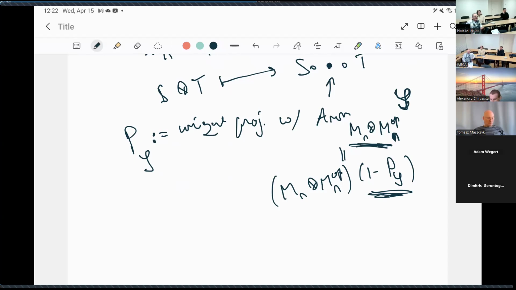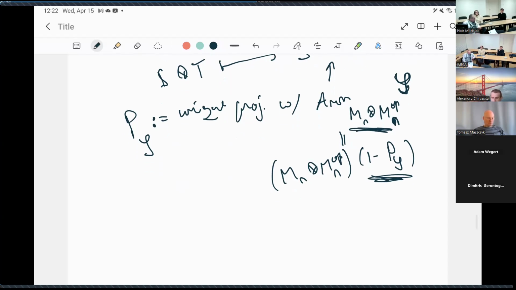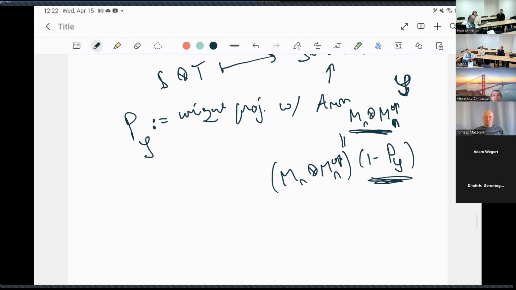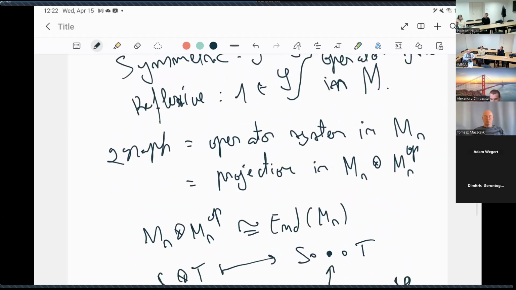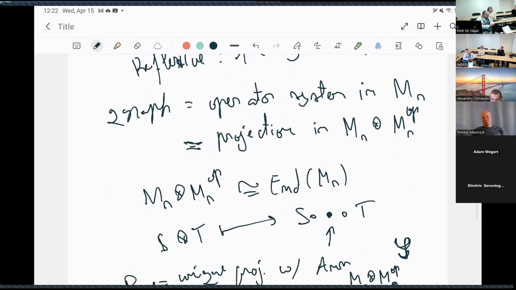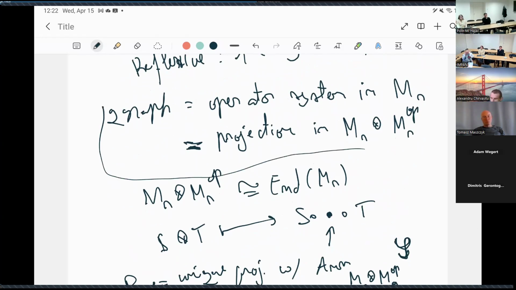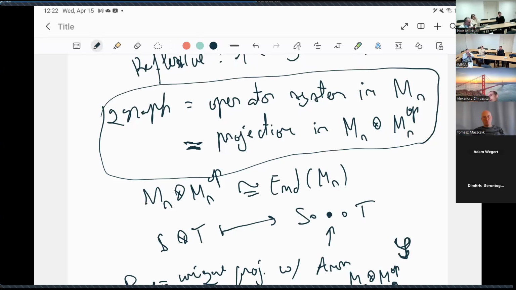And this is a back and forth. I do mean equal here. It's a bijective identification. If I give you PS, you can extract S and vice versa. So these are two possible incarnations of a quantum graph.